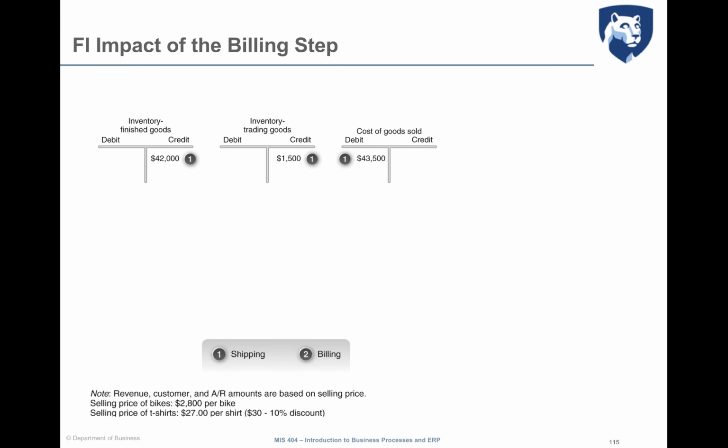This is what happens. The shipping phase creates this effect: modification of the asset, inventory, finished goods and trading goods, and debiting of cost of goods sold. And of course, when the billing step is completed, the first thing is that the sales revenue account is updated by the same amount.